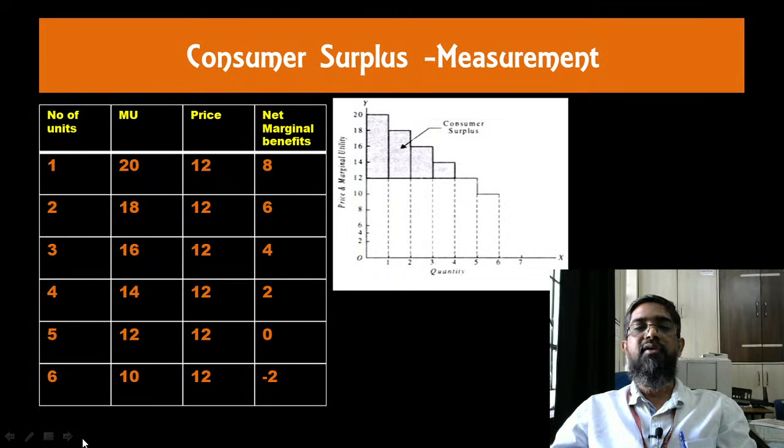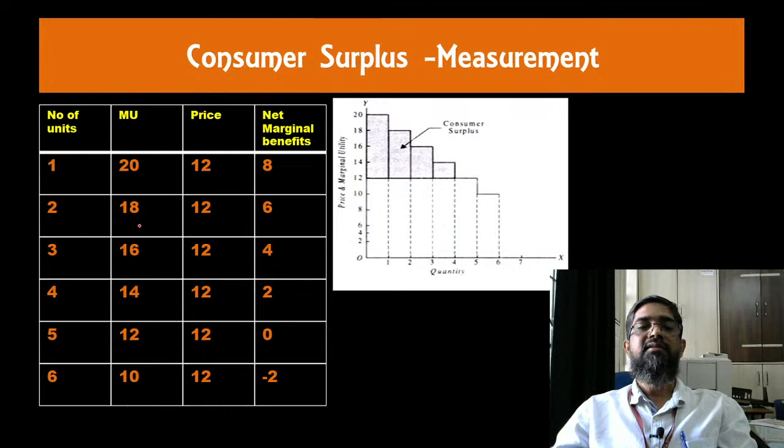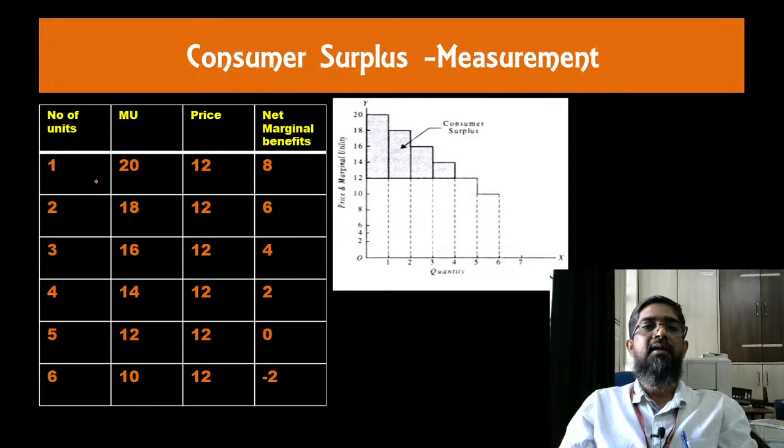Now moving on to one practical example, dear students, of the measurement of consumer surplus. You can see here in the first column the number of units: 1, 2, 3, 4, 5, 6 units are shown here.